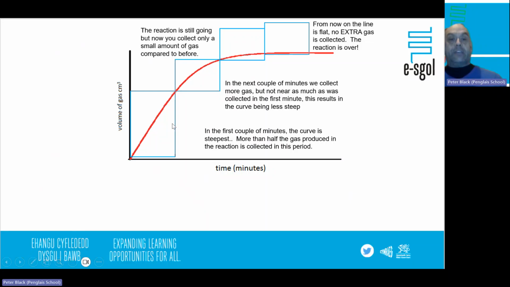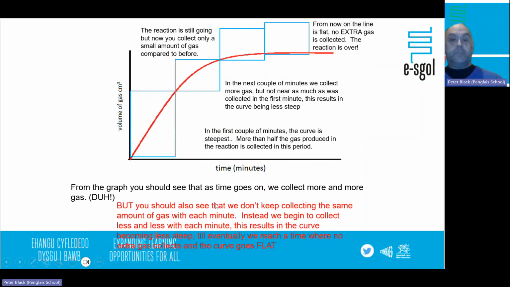Just to point out, the reaction's fastest at the start because this is where we have the highest concentration of reactants. As you know, high concentration means more particles per unit volume, more collisions per second. As time proceeds, though, reactants get used up, the concentration of them drops, there are fewer collisions per second, and so a slower rate.